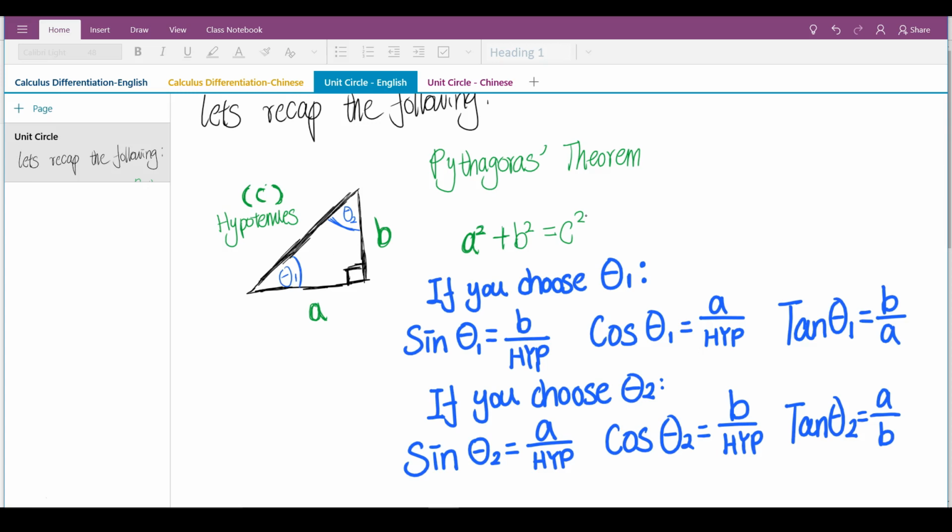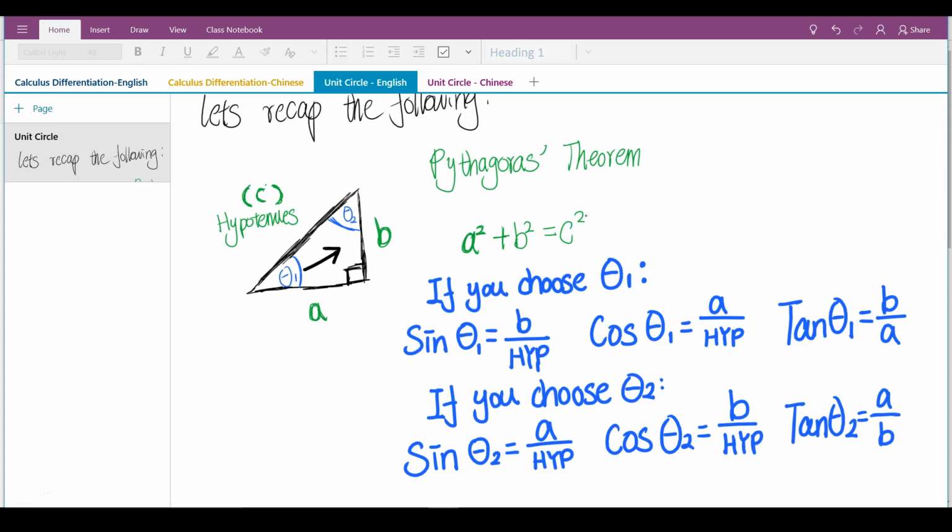We know that sine theta 1 is equal to opposite over hypotenuse. With respect to theta 1, side B would be your opposite, opposite to the angle. So sine theta is equal to opposite over hypotenuse. Next one, cos theta.